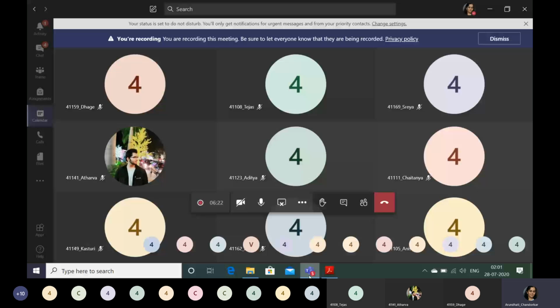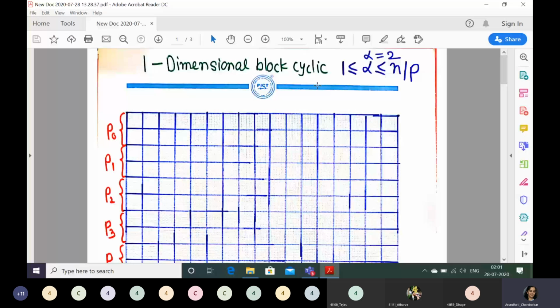The case, you know now this alpha factor. For block cyclic, alpha should be between 1 and n by p. So here I am assuming alpha is equal to 2, and I have solved these cases for all using one dimensional. So on similar lines, you can go for two dimensional.